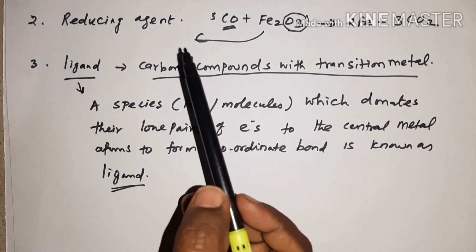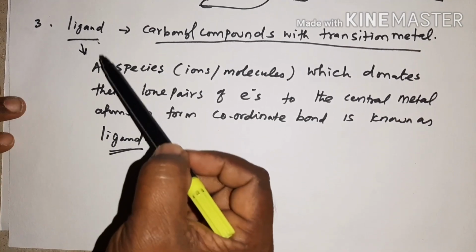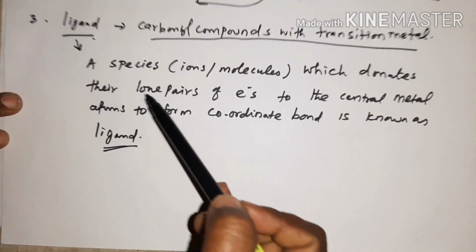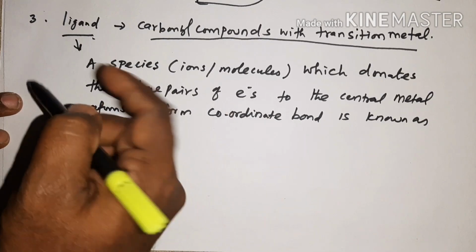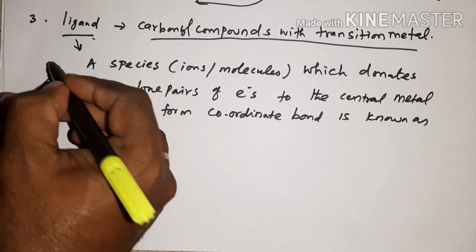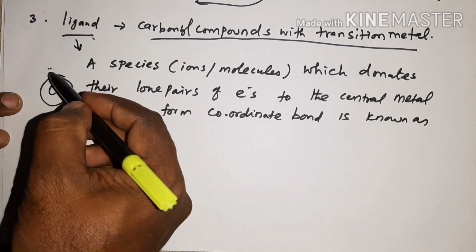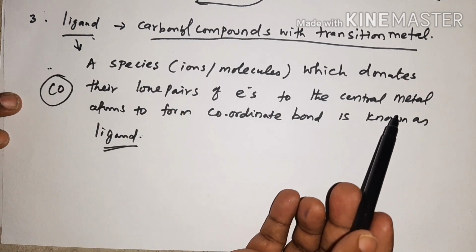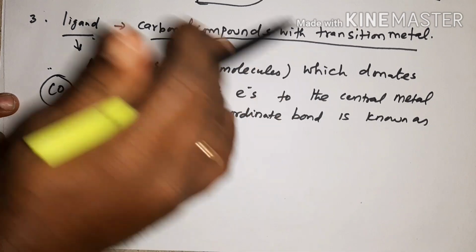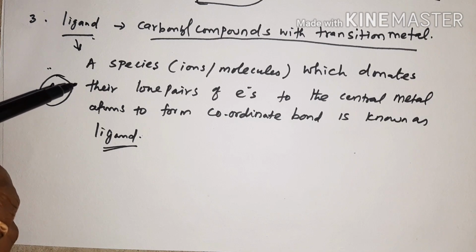So it is an important ligand. A ligand is a species which donates its lone pair of electrons. Here carbon monoxide has a lone pair of electrons and it will donate to the central metal atom, mainly transition metals, to form a coordinate bond. So that's all about the uses of carbon monoxide.